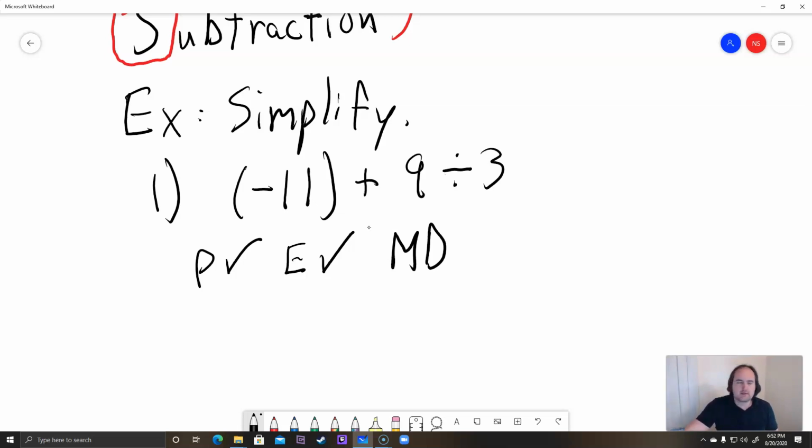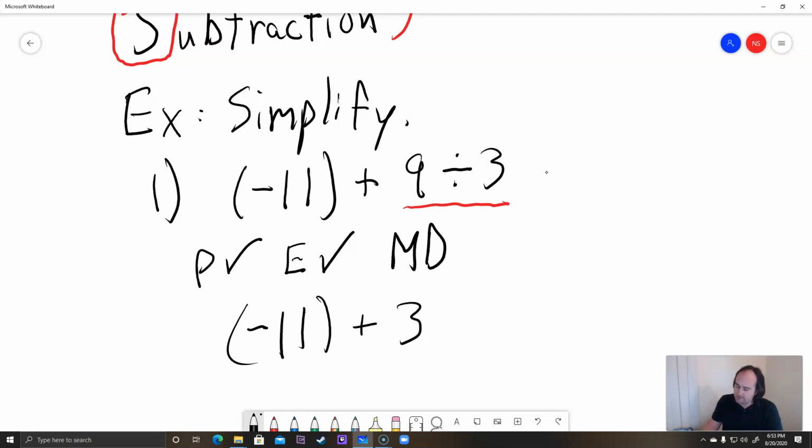But here we can see the only multiplication or division is this division right here. So 9 divided by 3. So that's going to be our first step, is 9 divided by 3. So the 9 divided by 3 is going to give us 3. So now we have negative 11 plus 3. And that completes the multiplication and division step.